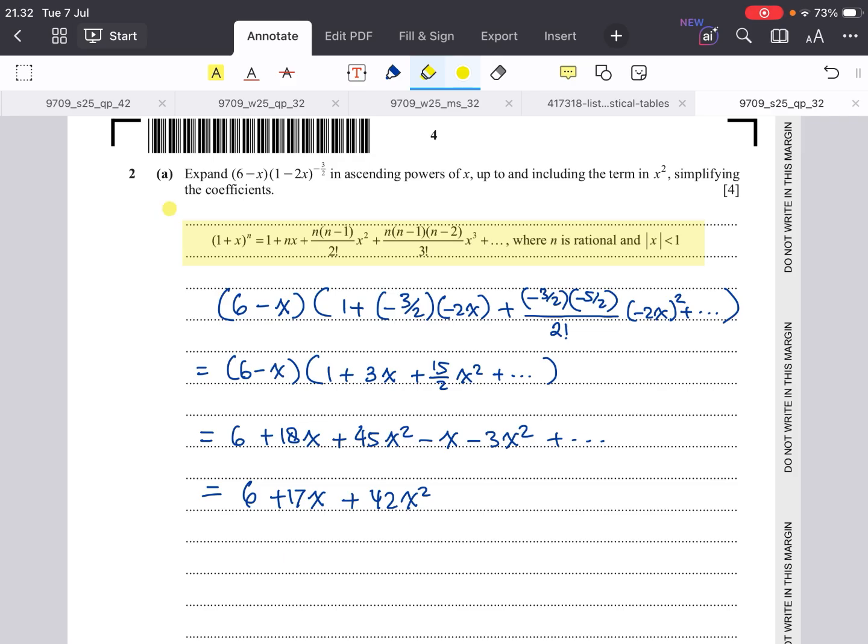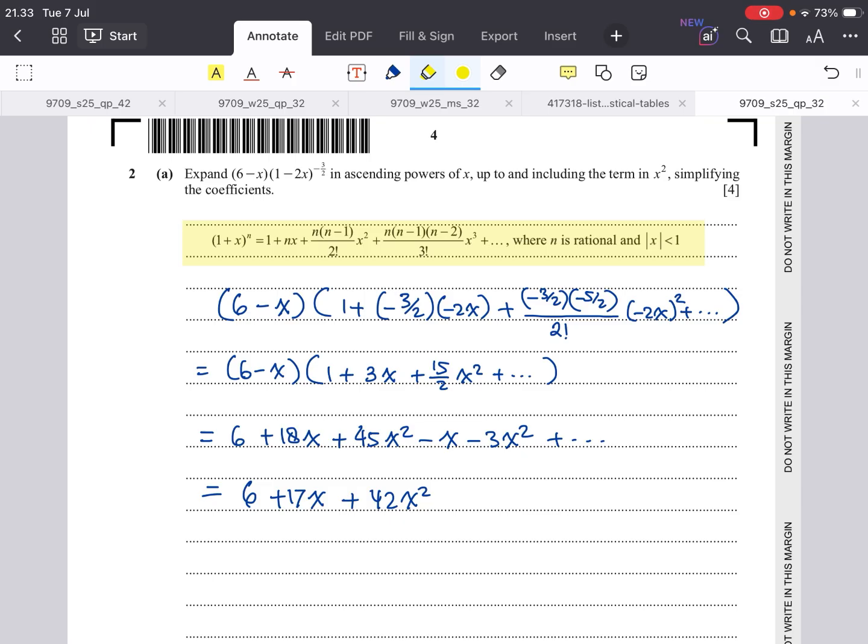So using this formula to expand this part, we will get 1 plus n, which is -3/2, times -2x, and then this part will become this one: (-3/2)(-5/2) divided by 2 factorial times (-2x) squared.